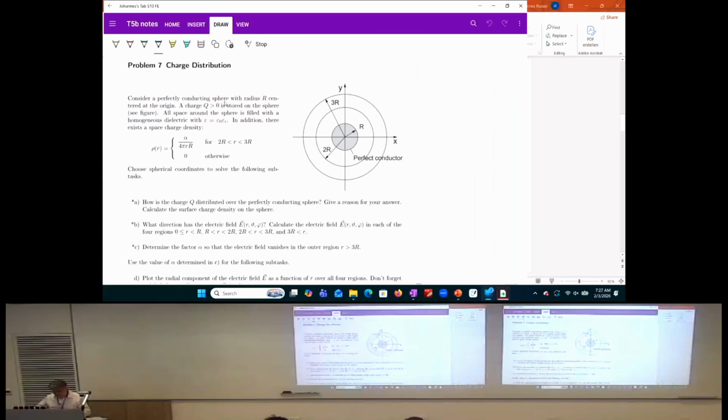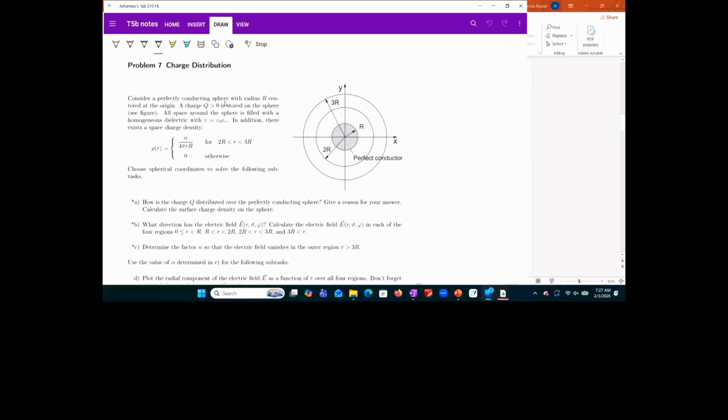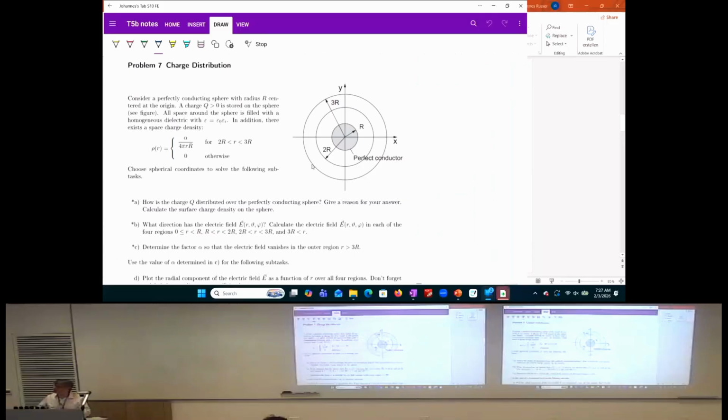Additionally, there exists another space charge density, which is given by rho as a function of r, and that exists in this range where the radius extends from 2r to 3r, and everywhere else it is vanishing.